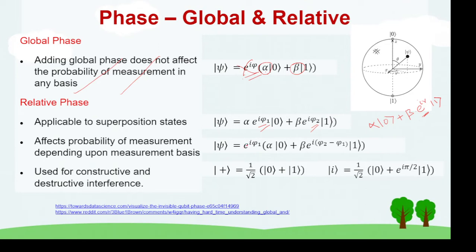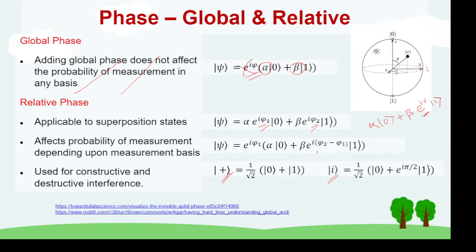Is it always? No. It depends on the measurement basis we are working in. For example, let's take two qubits in two different states. One is in the plus state, another one is in the i state. On the Bloch sphere, one is extended along the x-axis where it meets the circle, and the other one is somewhere here.